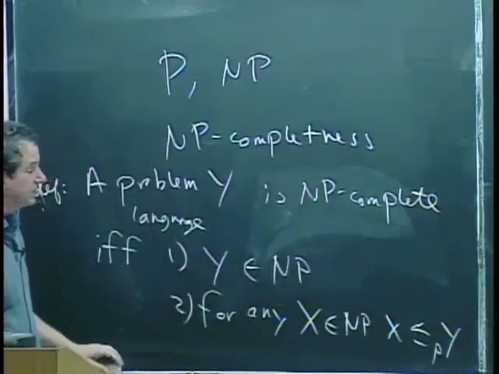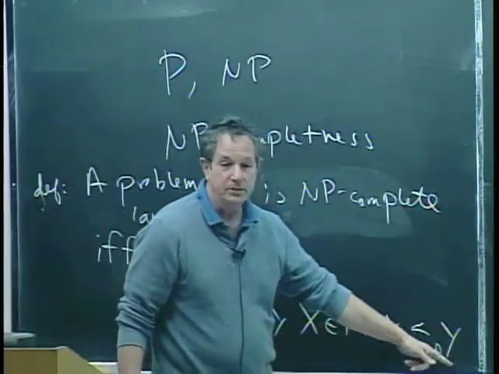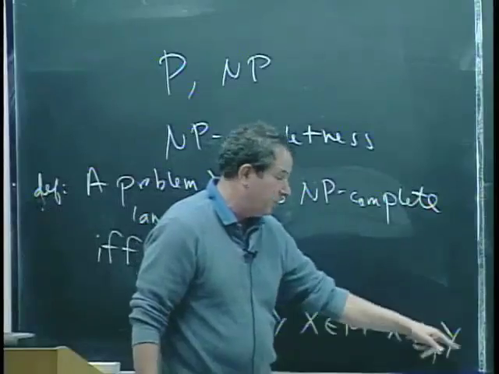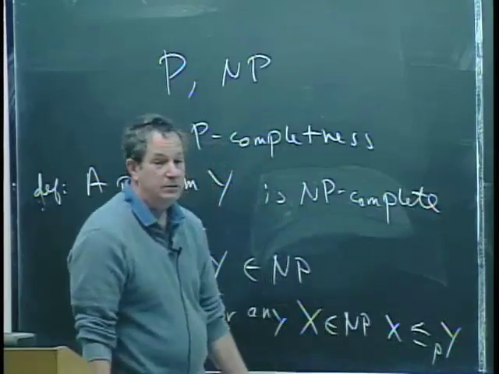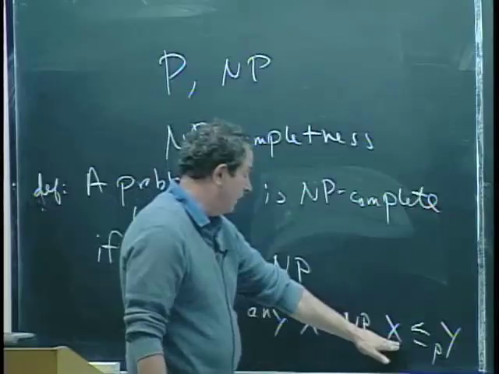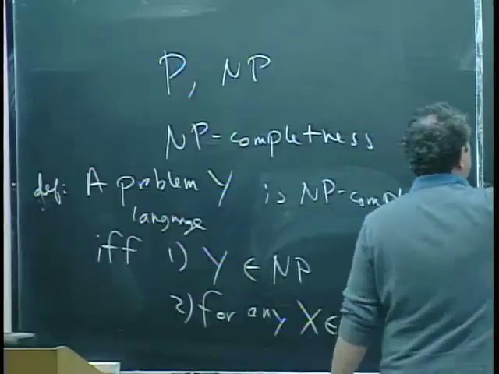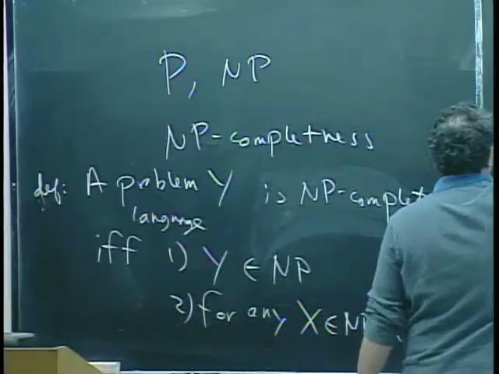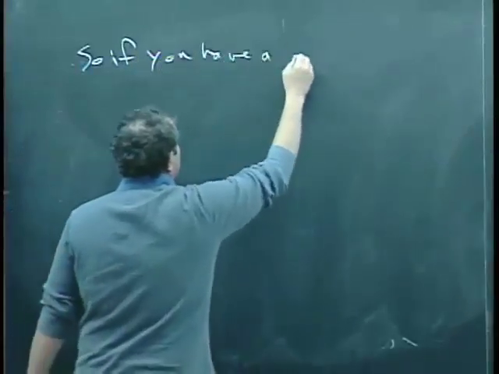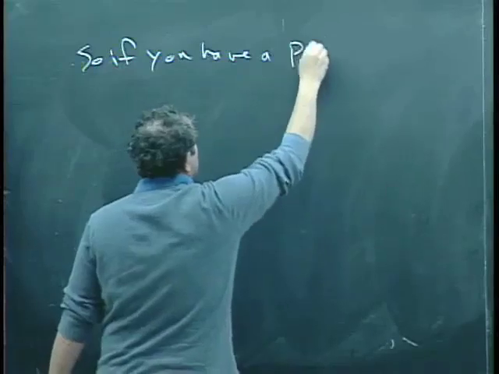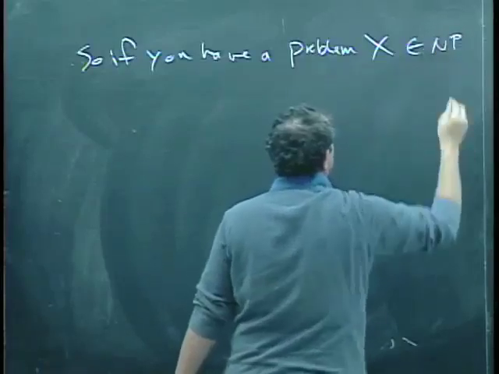So what this really means is that Y is very expressive. It's a problem or a language such that it can represent any other language that's in NP. So what this means is, you have a problem, now I'll call it problem X, and all you know about it is that it's in NP.